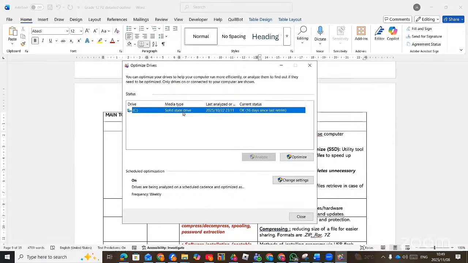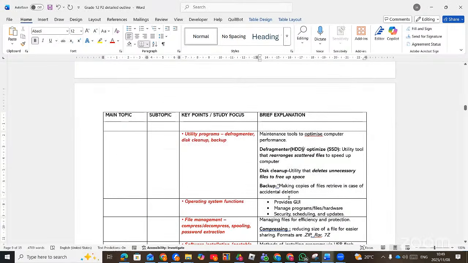If I want it to perform better, to run more effectively, and to analyze them to find out if they need to be optimized or not, I will just click on optimize, then it will do that for me. But if you're using HDD, we don't use optimize, we use what we call the defragmenter. So take note of that.